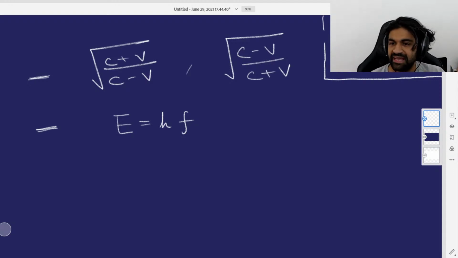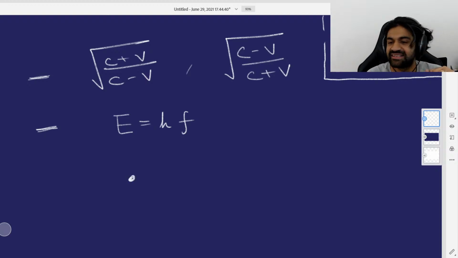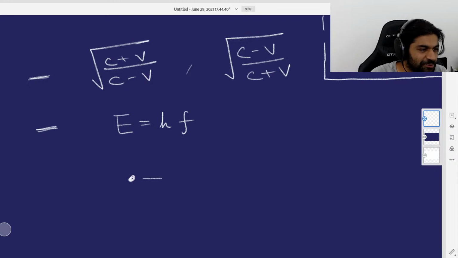So in order to figure out the mass-energy equation, let's say you have an object with a certain mass, and let's say it disintegrates into two particles, two photons.